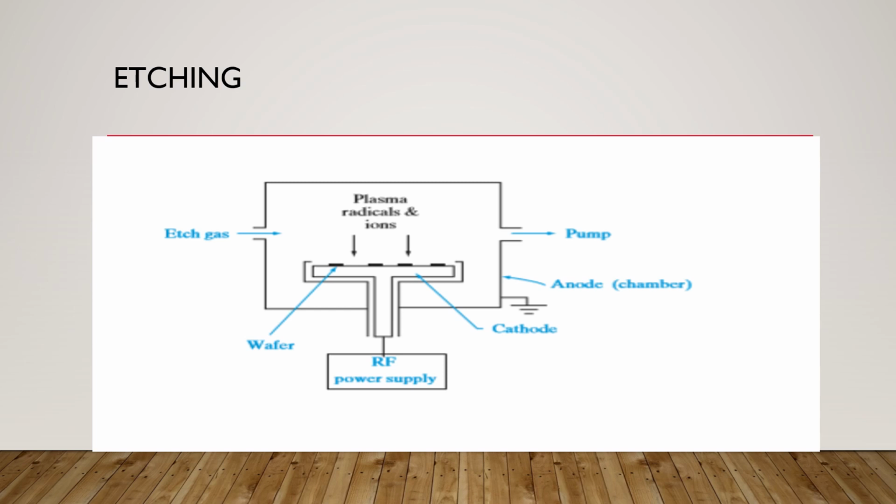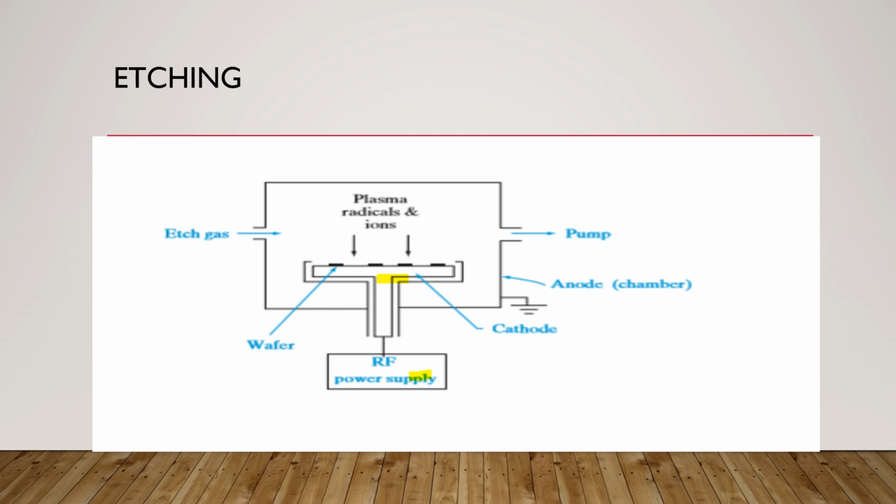First of all, we will understand the assembly which is shown here in the figure. Here you can see that there is an RF power supply. The cathode is that spot on which you have placed the wafers. The anode is the outer assembly of the chamber.